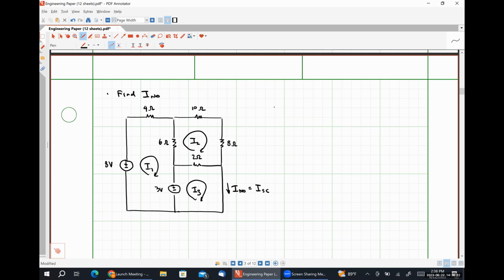Let's write our KVL equations. So at mesh 1, this is going to be the exact same mesh equation that we had earlier. -8 volts plus 4 ohms times I1 plus 6 ohms times I1 minus I2 plus 3 volts is equal to 0.